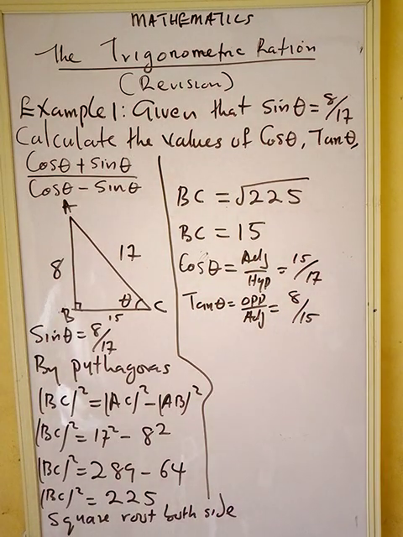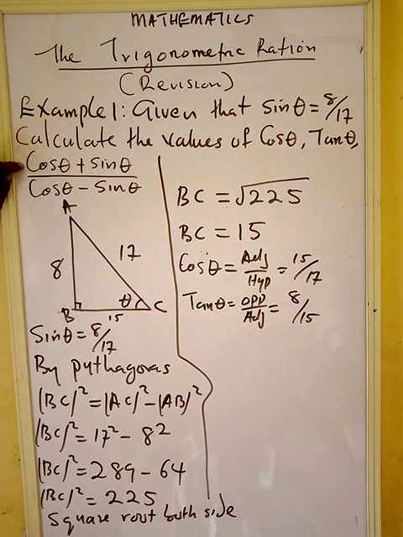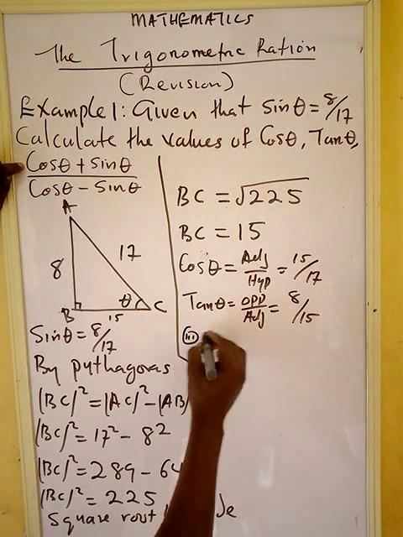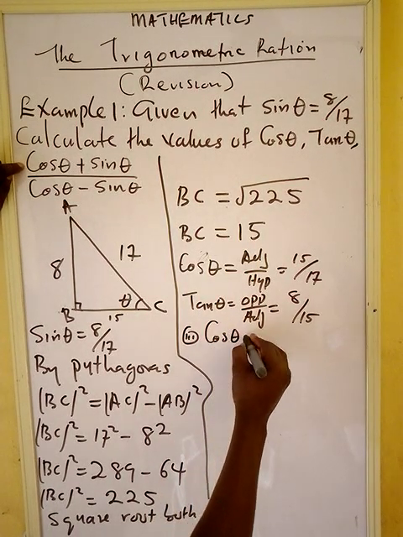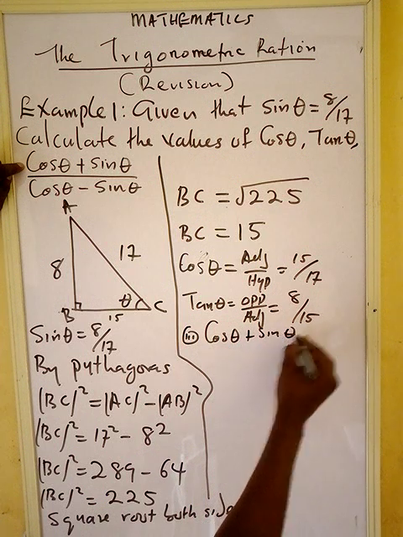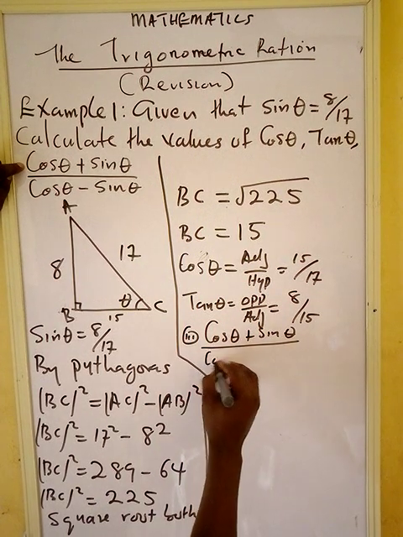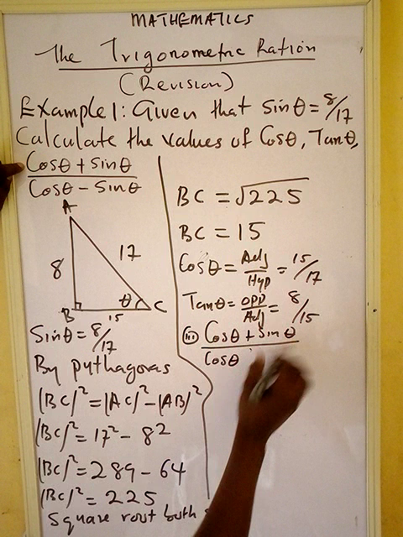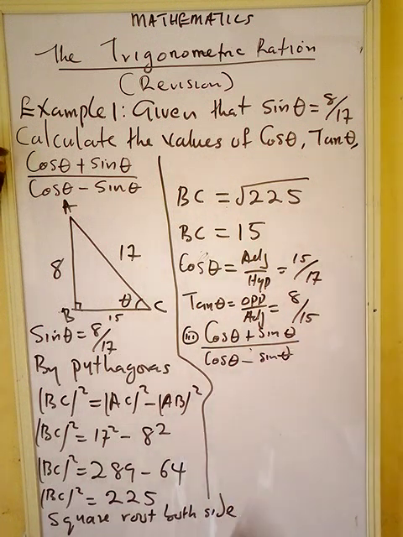The next thing is to solve for the third one, cos theta plus sin theta divided by cos theta minus sin theta.